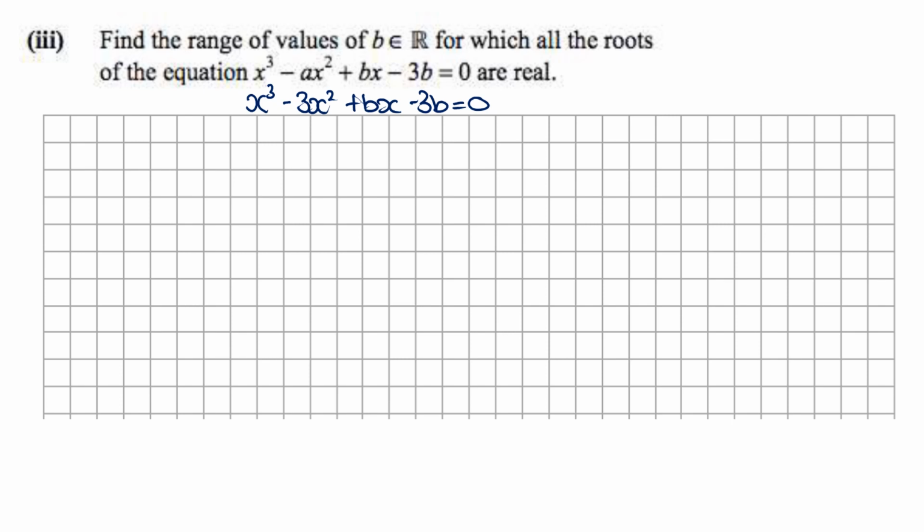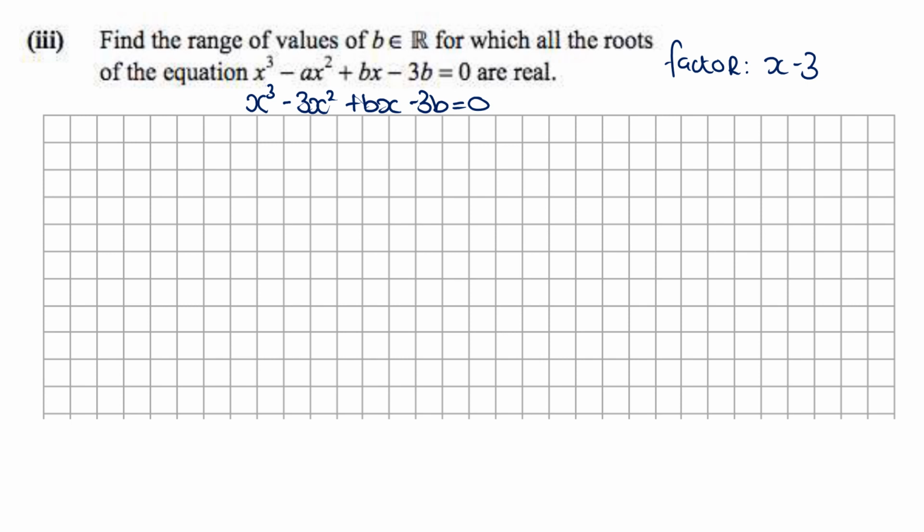So what we do know is x minus 3 is a factor. I've already said that x equals 3 is not going to help us. If you don't believe me, you can try it, and you'll see that it doesn't give us anything, everything just cancels.